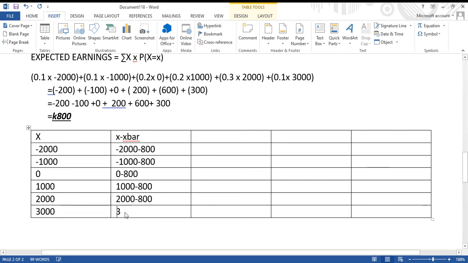And finally, we have 3,000 minus 800. So negative 2,000 minus 800, what do we get?